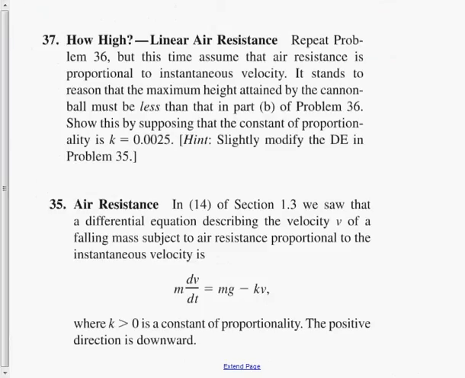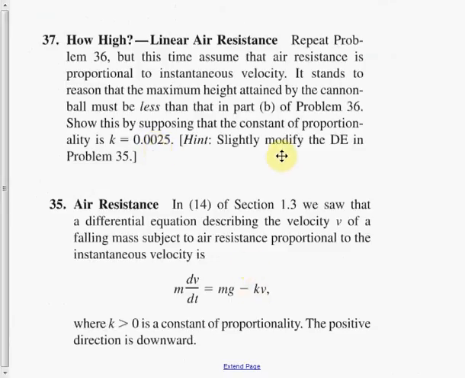Here, the next problem says repeat problem 36, but this time assume that air resistance is proportional to instantaneous velocity. It stands to reason that the maximum height obtained by the cannonball must be a little less than that in part B of problem 36. Show this by supposing that the constant of proportionality is K. They give that to us, 0.0025.